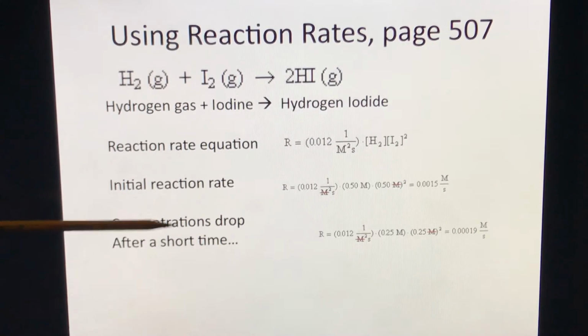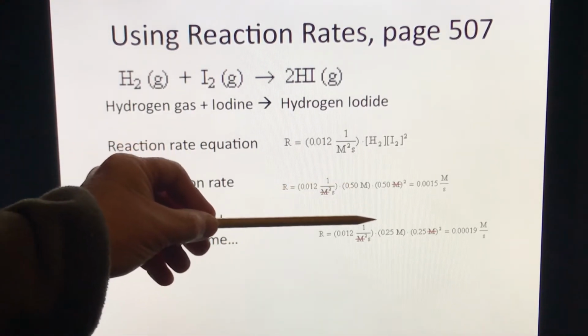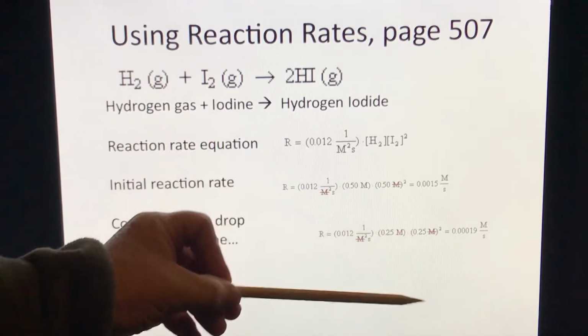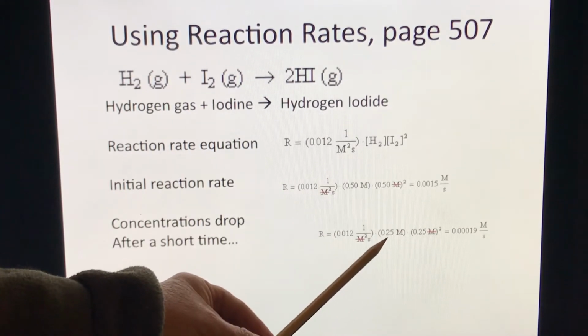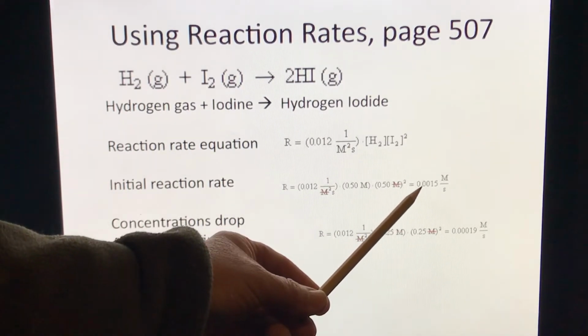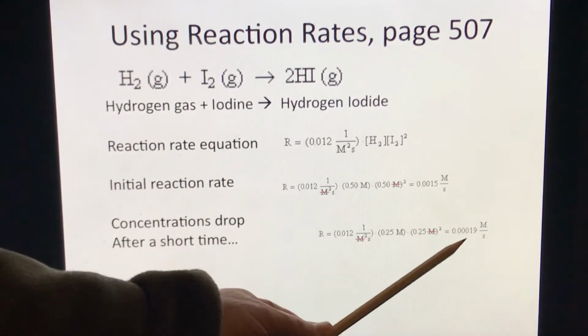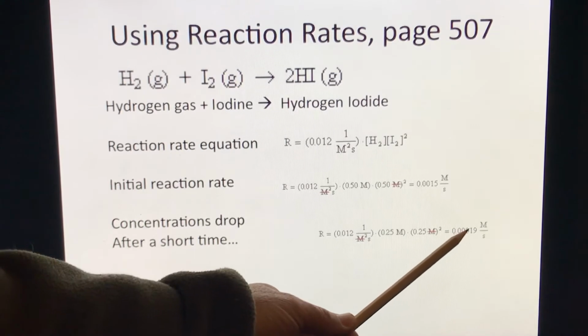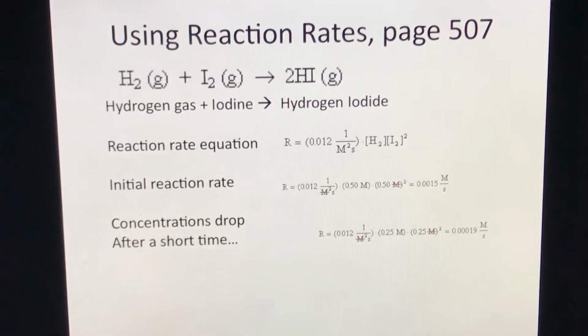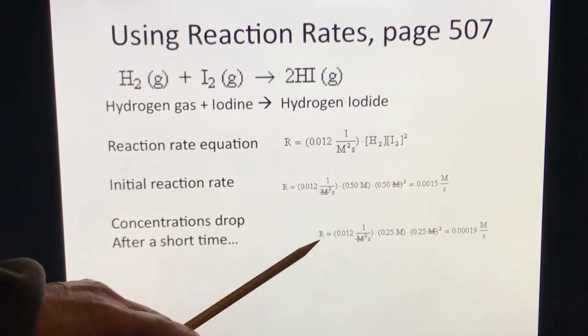However, the book would like to point out that after a short period of time, the concentration of each of these reactants is dropping. And so even with just going down to half the molarity for the concentration of the reactants, the reaction rate is significantly impacted. So here it's 0.00019 molarity per second. So you can see the effect of the concentration on your R here.